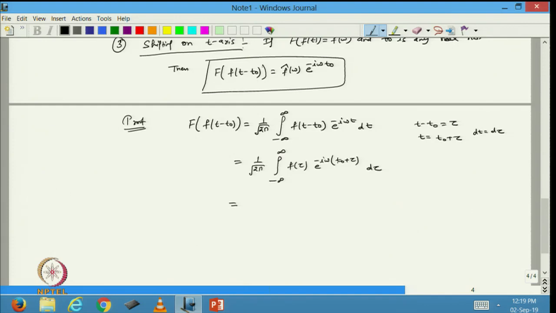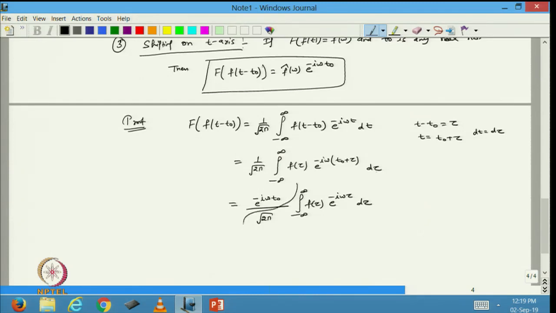So, from here I can take this part common. Because I am taking the integration with respect to tau, this is a constant. So, I can take this one outside, I will get e to the minus i omega t naught divided by 100 pi, integral from minus infinity to infinity of f(tau) e^(-i omega tau) d tau.